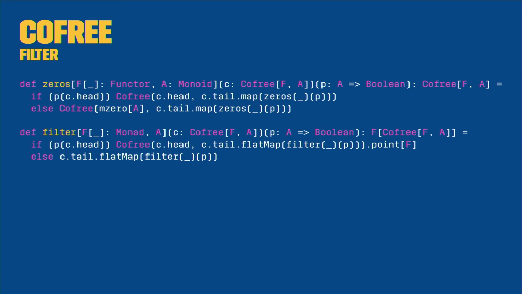You can even filter these things. So that's pretty amazing. There's two ways you can filter. If you have a CoFree, you can zero out the elements that you don't want, but you can also actually remove them. And they require different degrees of power.